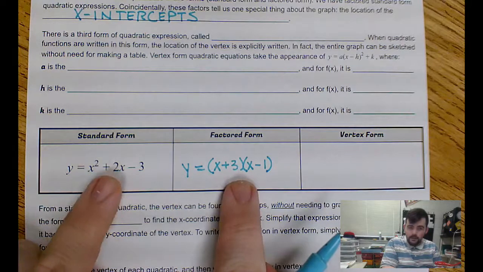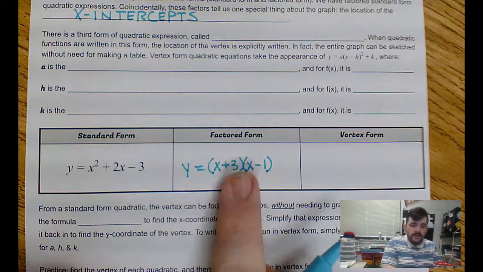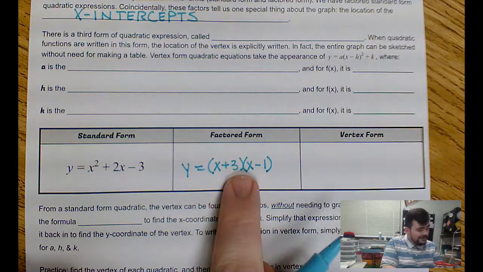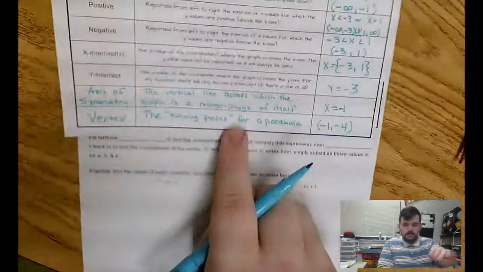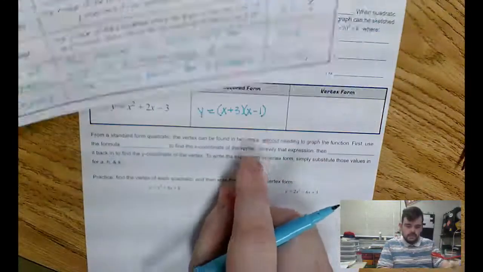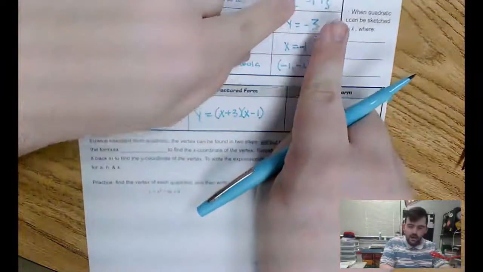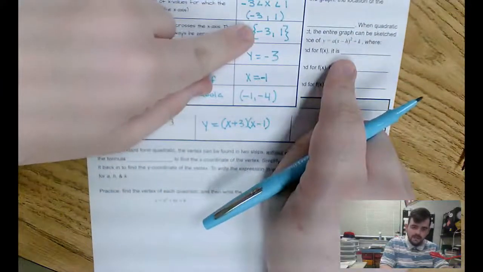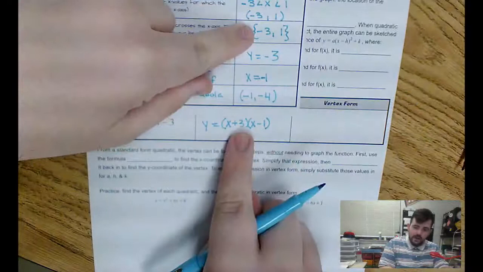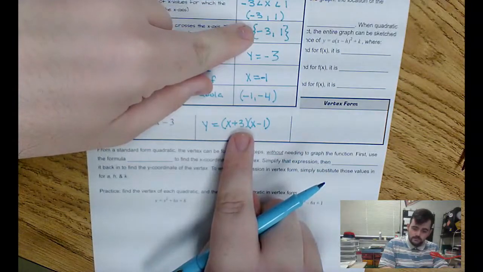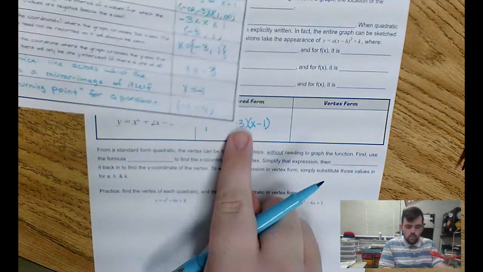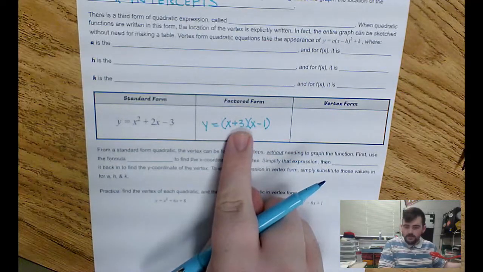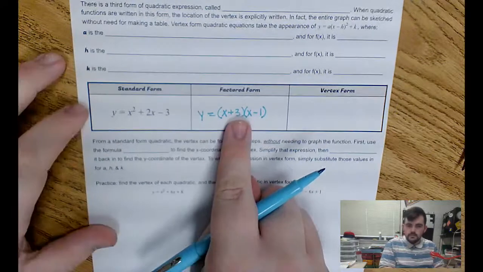Now, compare these factors to your x-intercepts. Do you notice how the x-intercepts are -3 and +1, but the factors are 3 and -1? Whatever the factors are, the x-intercepts are the opposite numbers. That'll always be true.